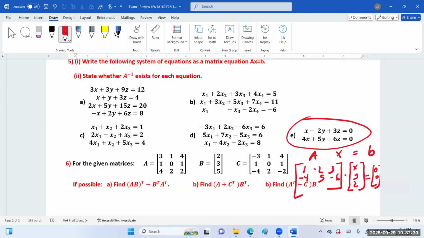So this is step 1. Convert them into matrix equation. And then the second process, figure out for this A, can you find A inverse? Means, does inverse exist for this matrix? Do you remember what's the requirement to have an inverse? There is one requirement. Good job. A has to be square. So only square matrices can have inverse.